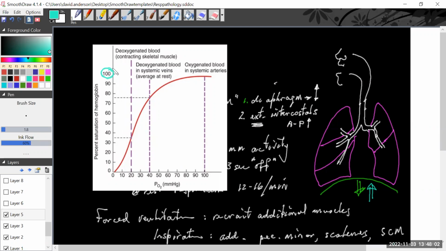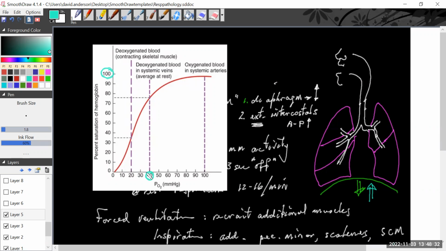It probably never gets to truly 100, but it's going to be at 99 or in that range, somewhere between the low 90s to the high 90s. And we can see that as we approach good arterial partial pressures, we're leveling out. So after you get up to a PO2 past, say, 75, you're not seeing a huge change in the loading onto the hemoglobin.